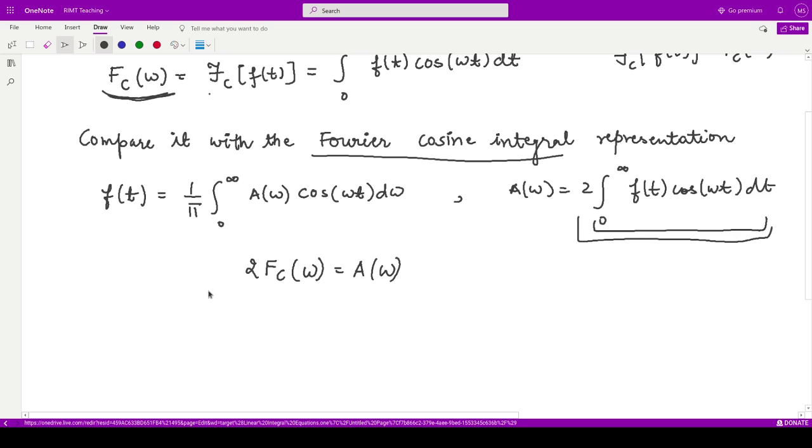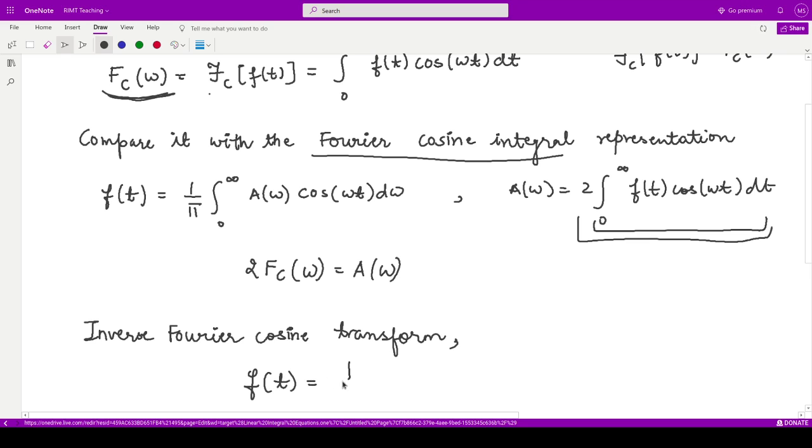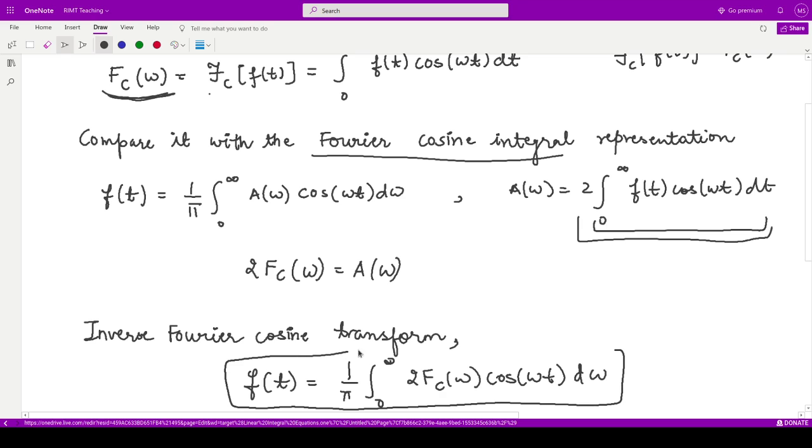So that means from here we can also derive the inverse Fourier cosine transformation, that is defined by the function f of t, given by 1 by pi integration from 0 to infinity of 2 Fc omega cos omega t d omega. How is this obtained? This is obtained when you substitute the value of A omega as 2 Fc omega.